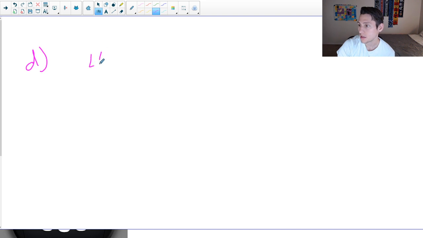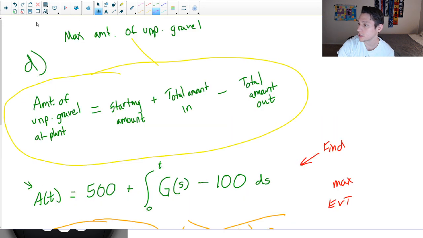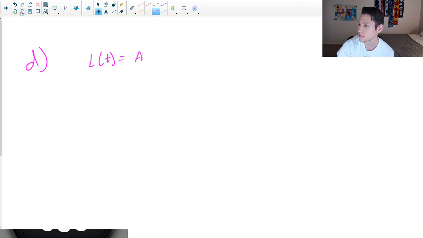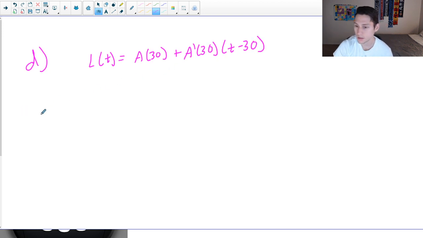All right, so L of t equals, so it says for the linear approximation at t equals 30. So a of 30 plus a prime of 30 times t minus 30.